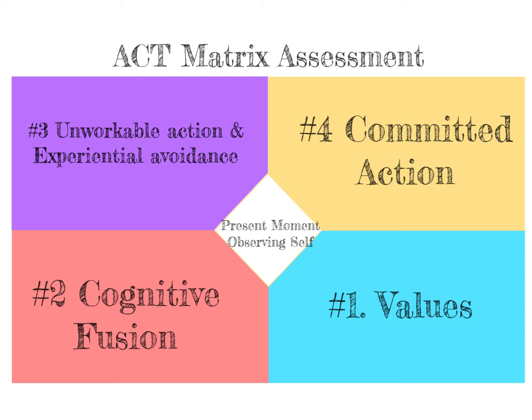Once clients have an understanding about the ACT matrix and how it can be used, this can then be assigned for them to apply at home while they are away from the session. That way, during the week, they can practice thinking and observing their own behaviors and processing it through the ACT matrix lens. I've seen amazing results as clients have returned and been able to explain their weeks in terms of each of these quadrants.